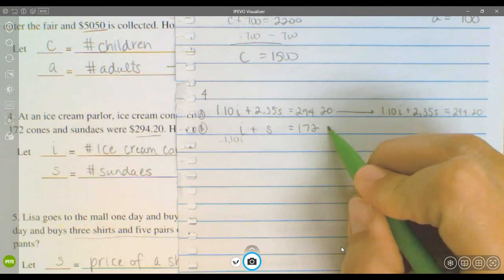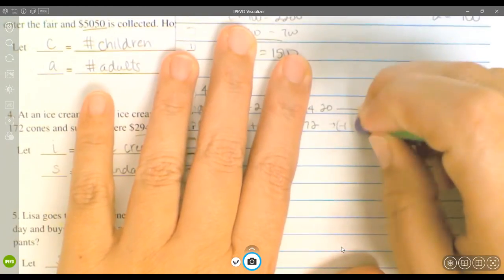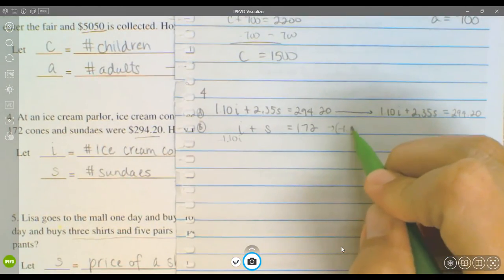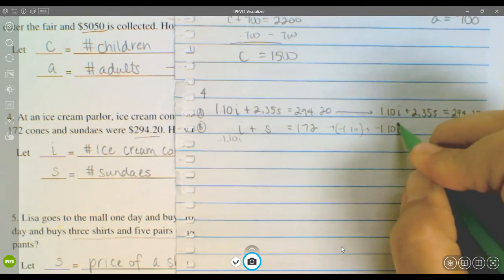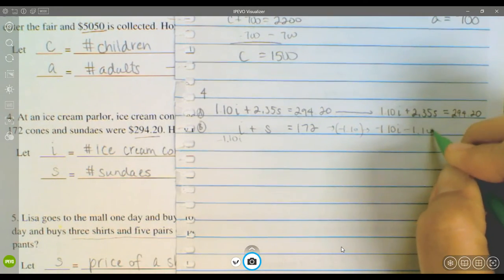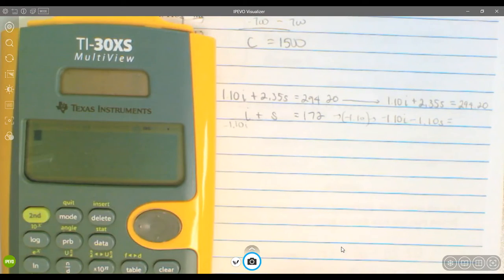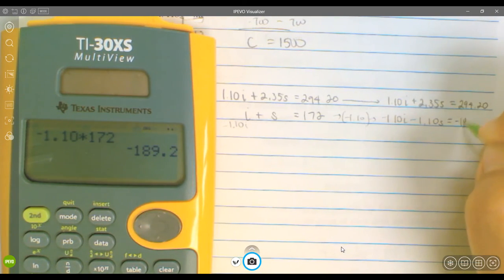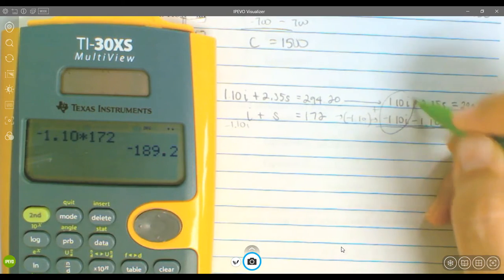So everything in the bottom equation has to be multiplied by negative 1.10. So I'll get negative 1.10I minus 1.10S equals, let's take negative 1.10 times 172. We'll get negative 189.20. So now we're going to add so that we eliminate the I's.